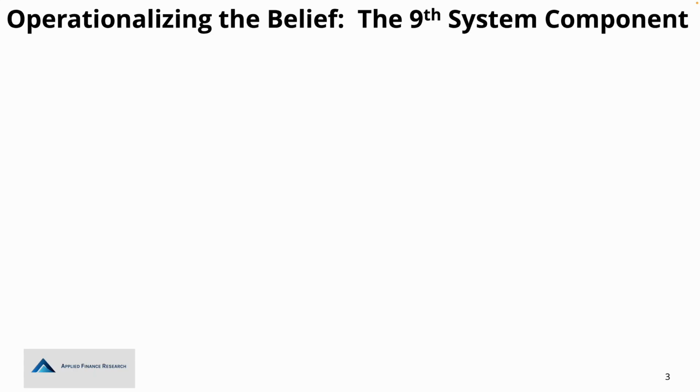Well, as you know, in all of the systems that I trade, that I teach, that I build, I add a 9th system component to the 8 system components as classically taught by Dr. Van Tharp. So all of my systems have these first 8.